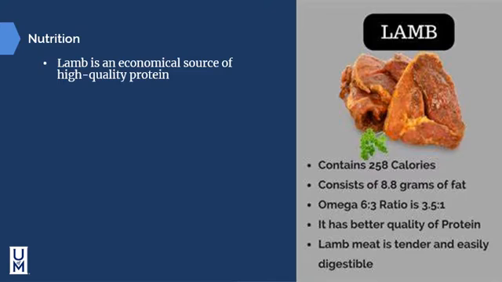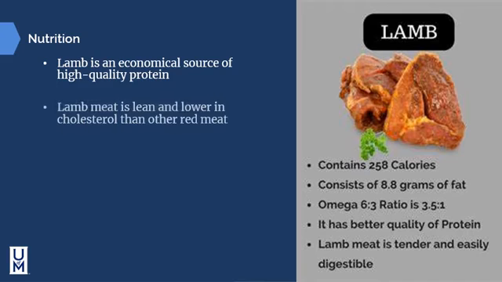Lamb is an economical source of high-quality protein. Lamb meat is lean and lower in cholesterol than other red meats. It contains roughly 258 calories in a 4-ounce serving, consisting of 8.8 grams of fat. The omega-6 to omega-3 ratio is 3.5 to 1, which means it's much higher in omega-6, which is good for you.